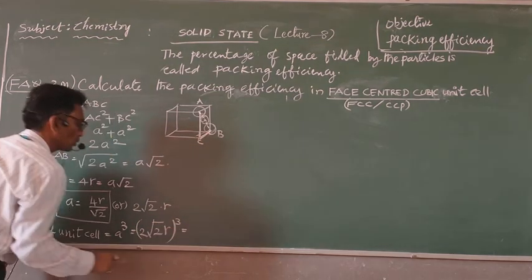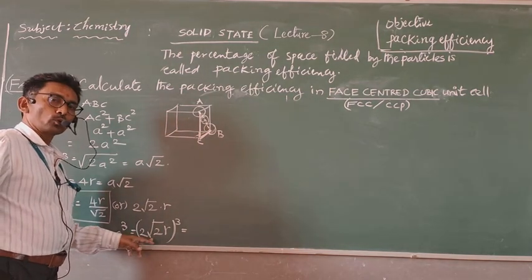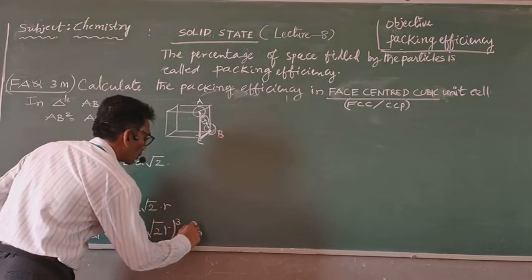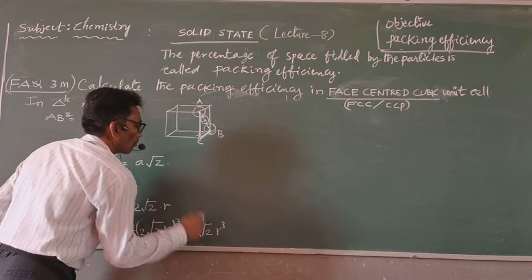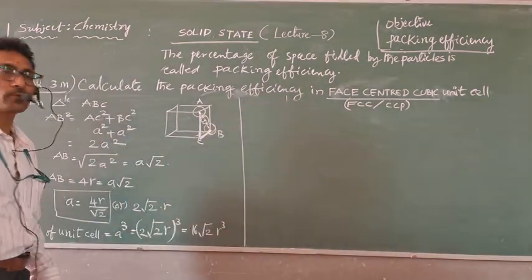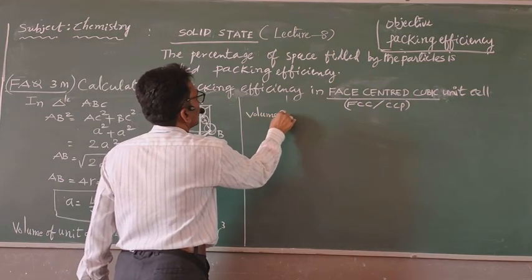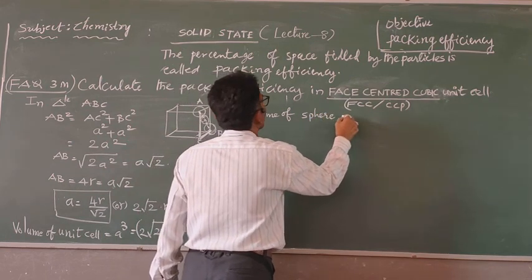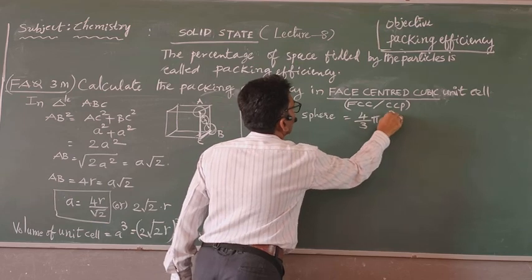That is equal to 2 into 2 into 2, 8. 2 root 2 into 2 root 2 into 2 root 2, this is 16 root 2 r cube. First step is over. Then volume of the sphere, from mathematics, that is equal to 4 by 3 pi r cube.